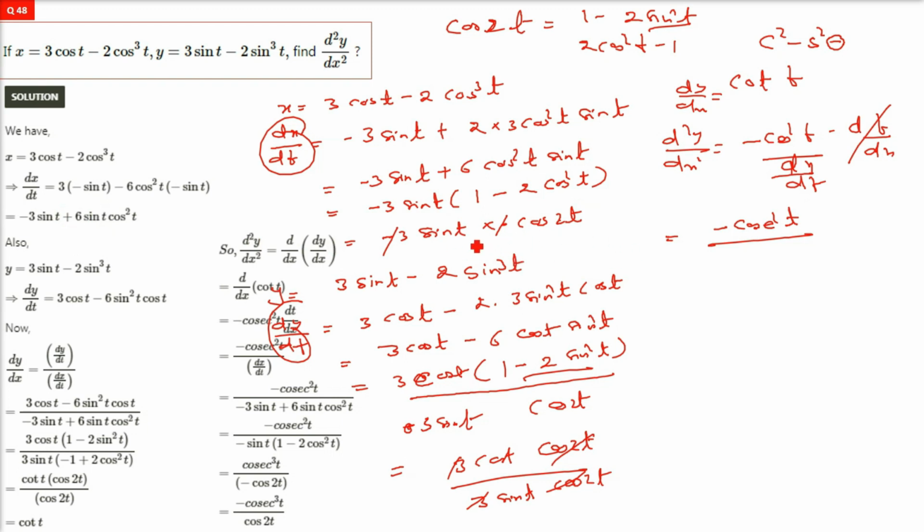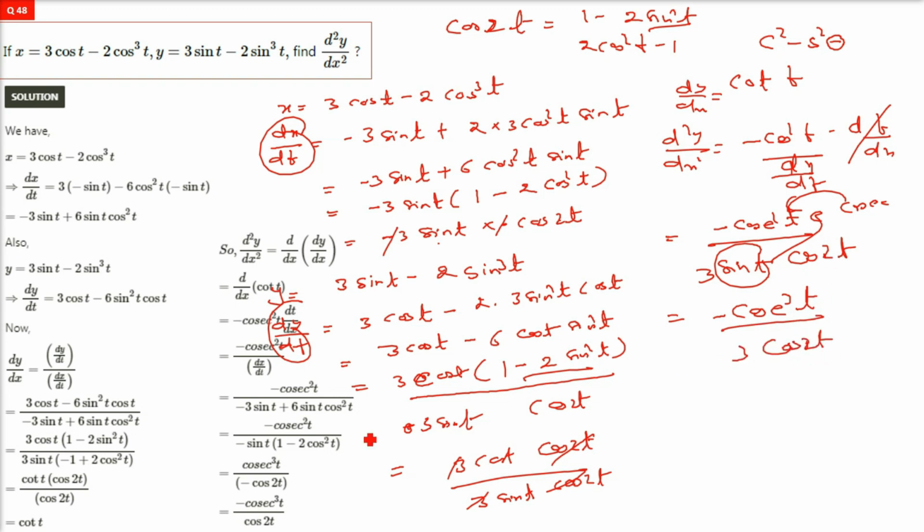So I am going to take this in the denominator and try to find out how we can simplify these two. So minus cosec square t, here we have 3 sin t cos 2t, so I am writing it in the denominator. Then this sin t goes up, already we have cosec square t. One more cosec goes up, so cosec square and cosec will be cosec cube t. Minus cosec cube t divided by 3 cos 2t. So just include 3. And this is the answer.